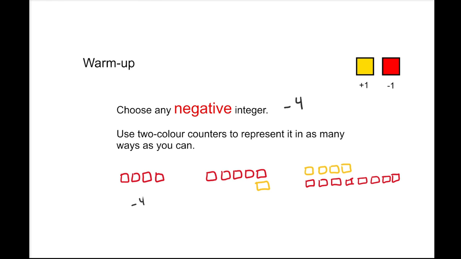All of these work out or represent negative 4. So you could do many different representations of a negative integer using either just the negative numbers or a combination of the negative and positive ones.